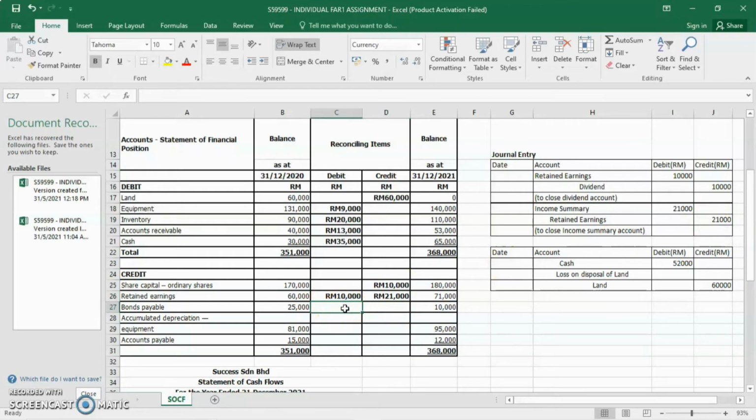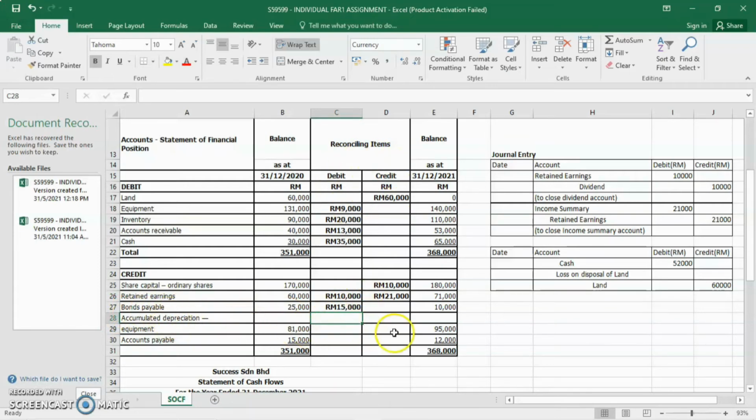Bond payable, we need 25,000 minus 10,000 and get 15,000. Decrease in bond payable by 15,000, we must put it in debit column because bond payable is credit balance. So when bond payable is decreased, we should debit.